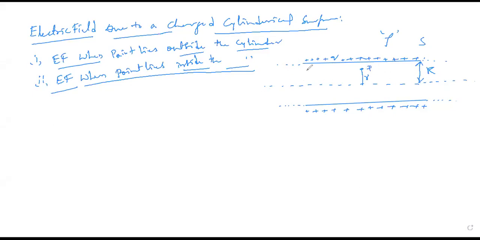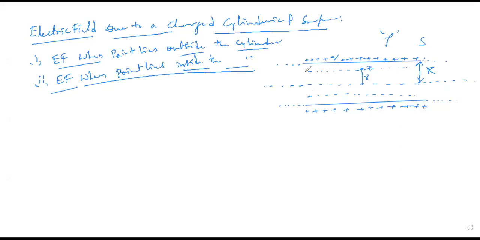Now I am assuming a cylindrical Gaussian surface with respect to the point which we have taken. The same distance should be taken on the other side also, because my diagram may not be that clear, but the radius of one side should be similar for the other side also.